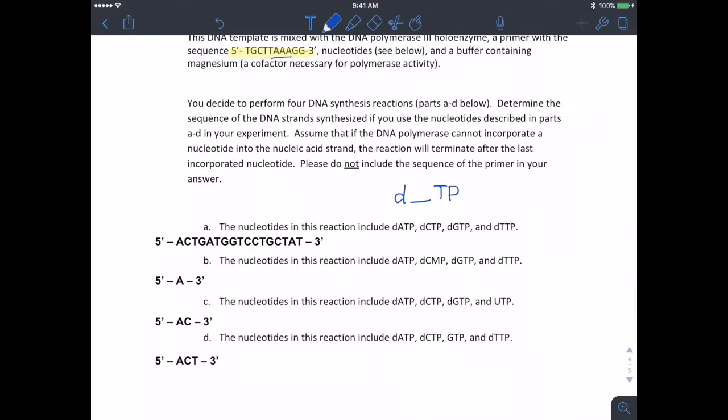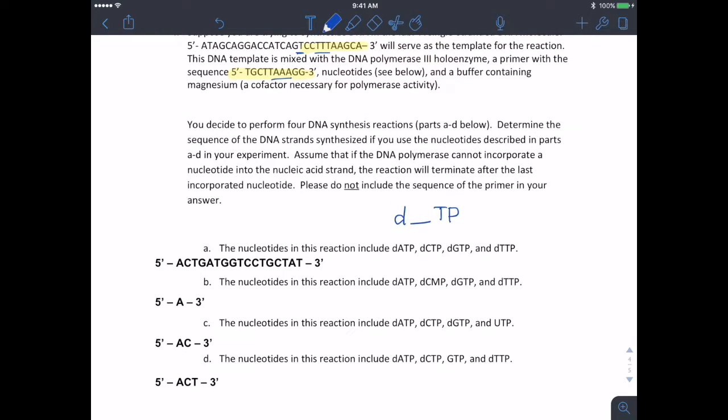Here we've been given all of the complementary bases that we need: A, C, G, and T. The whole complementary strand is going to be created starting at this T base, and going from 5' to 3', we get A, C, T, G, A, T, G, G, T, C, C, T, G, C, T, A, T.